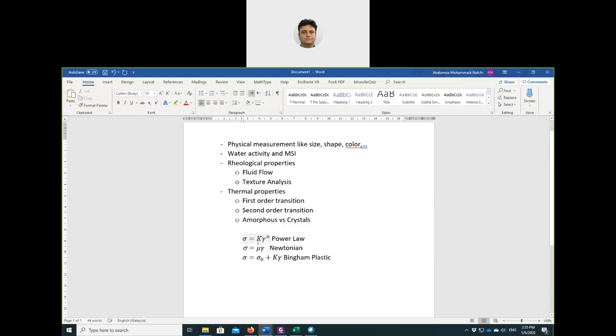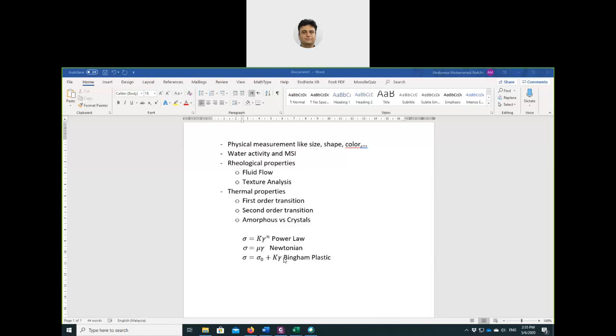Sigma is equal to k gamma dot to the power n. For the Newtonian, sigma is equal to mu multiplied by gamma, where gamma is shear rate. For Bingham, sigma is equal to sigma 0, which we call the yield stress, plus k gamma.